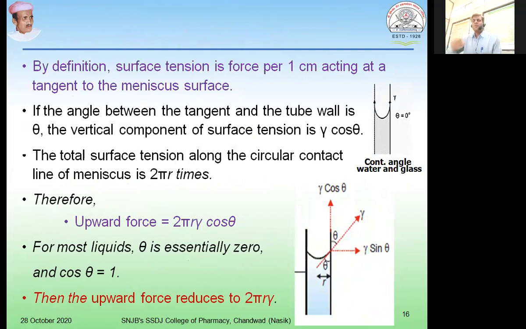Now, as we have previously discussed, the definition of surface tension is the force which we need to apply parallel to the surface of the liquid to counterbalance the net inward pull. In other words, we can say that surface tension is the force per unit length which is acting at the tangent to the meniscus surface.